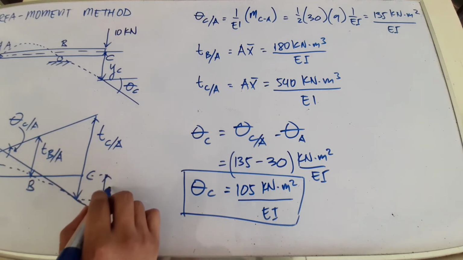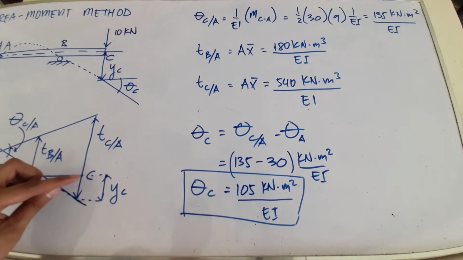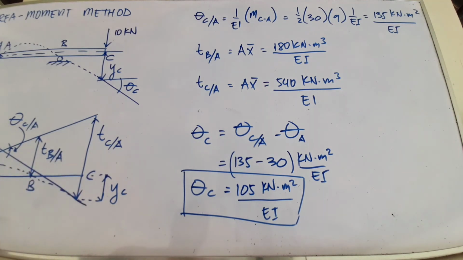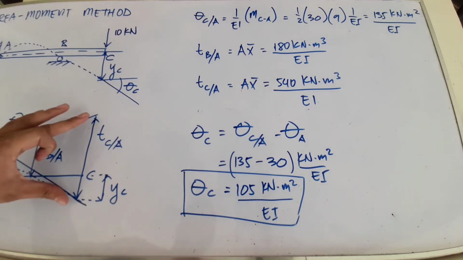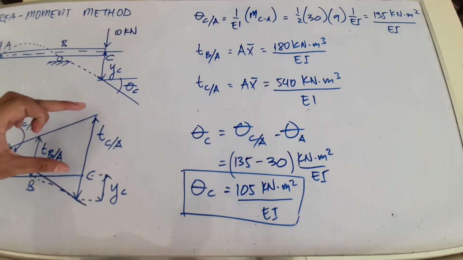So, sulat natin para mas ma-imagine. This is actually your YC, or the deflection at point C from your, na ba tawag doon? Yung neutral axis ng beam. So, paano ba natin makuha yung YC? Meron tayong TC over A, meron tayong TB over A. Pwede tayong mag-similar triangles actually, no?